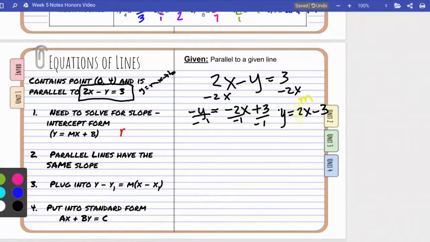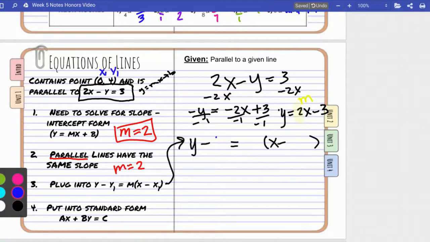So now we know our slope is 2 for that line. Parallel lines have the same slope, so we're going to use the slope of 2. We know it goes through the point 0, 4, so that's our x1, y1. We plug it into our equation: y minus y1 equals m times x minus x1.